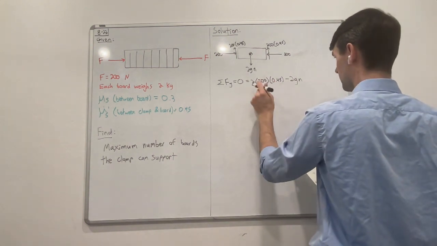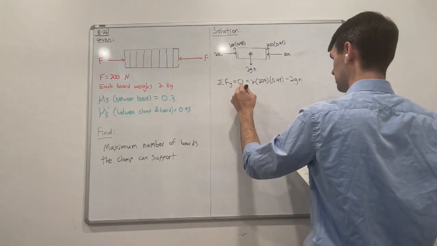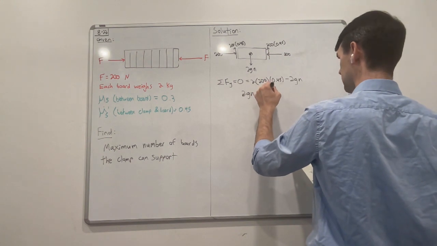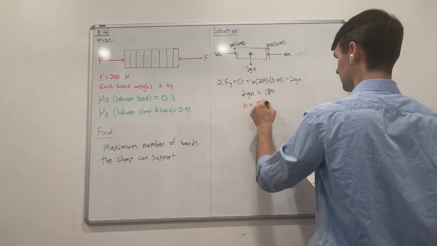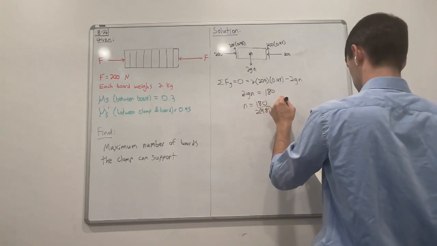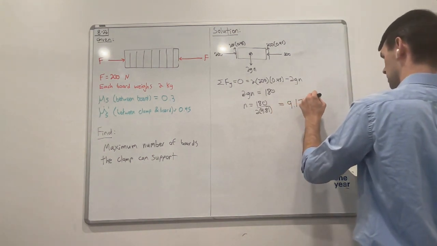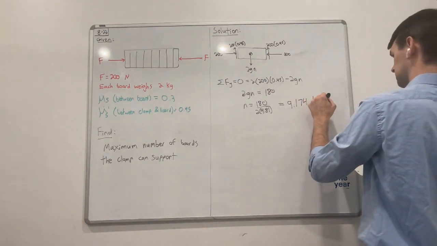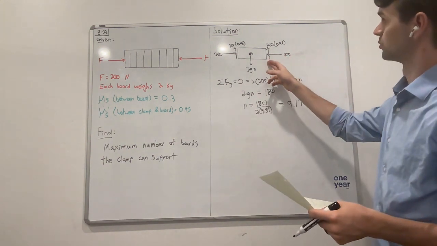When we do the math, 2gn equals 180. Then n equals 180 divided by 2 times 9.81, which gives us 9.174 blocks that could be supported, if we're assuming it slips between the clamp and the board.